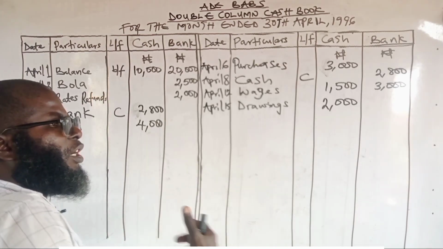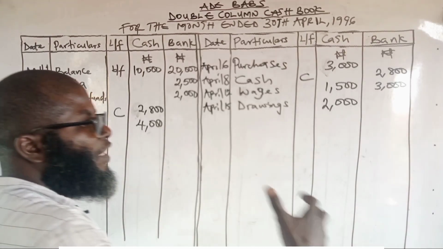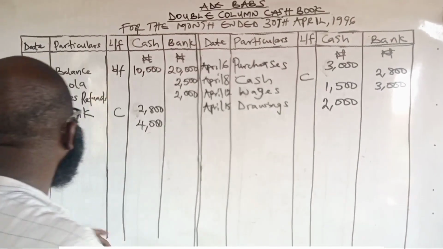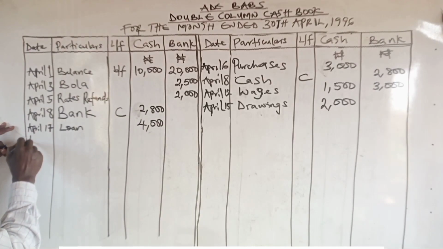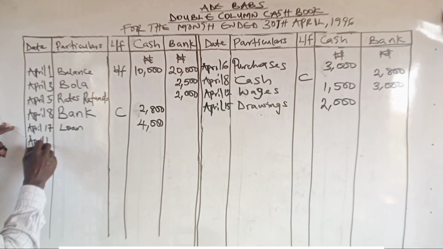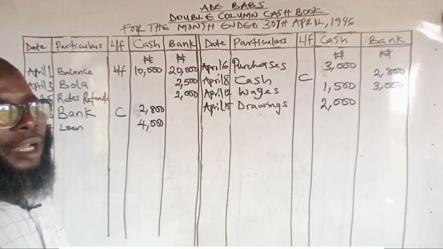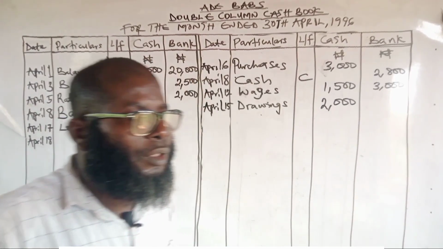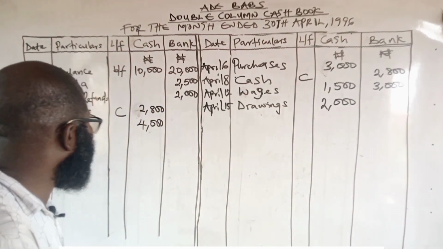I deposited such amount in the bank, meaning that the bank is receiving the money while the cash account is giving it out. That is April 18. I took money out of the cash account into the bank. The bank is receiving it.